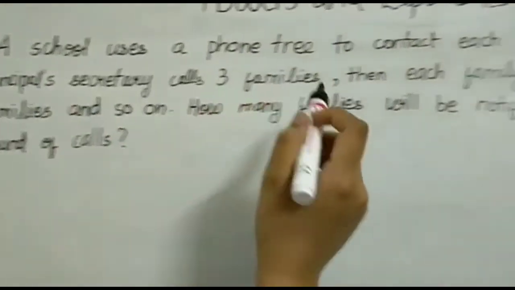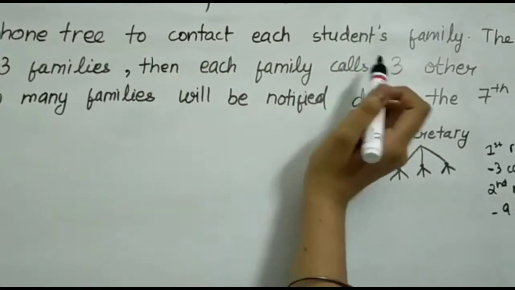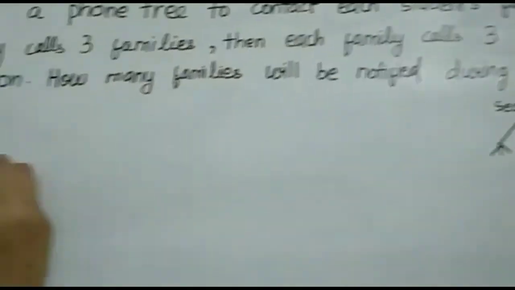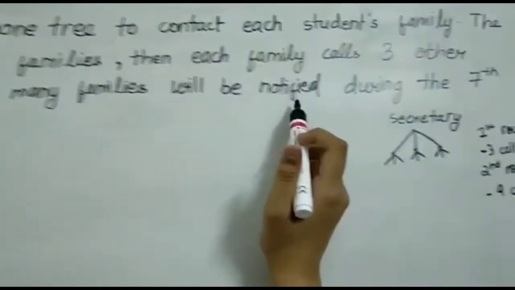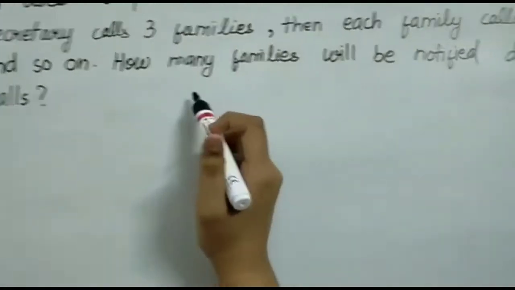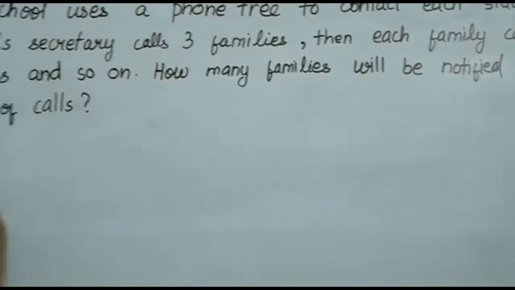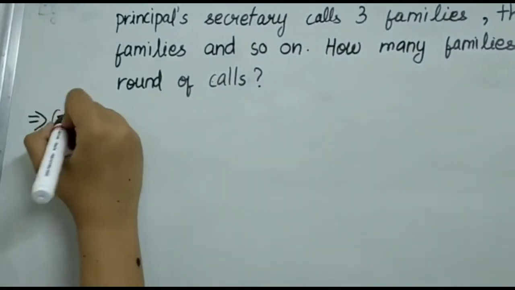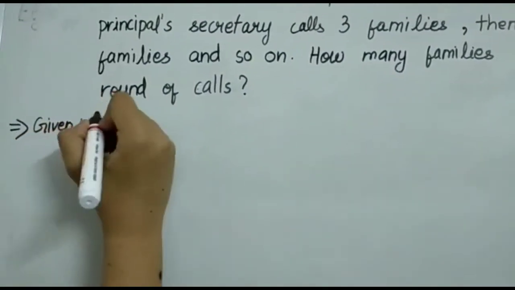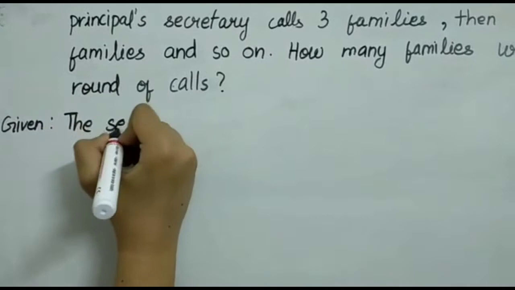Example: a school uses a phone tree to contact each student's family. The principal secretary calls 3 families, then each family calls 3 other families, and so on. How many families will be notified during the 7th round of calls? So given, the secretary calls 3 families.